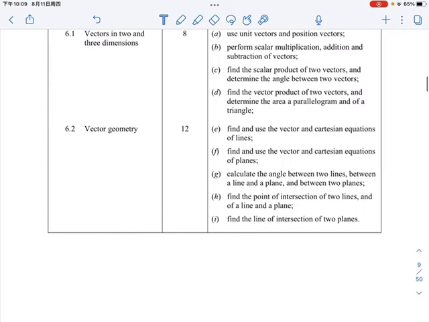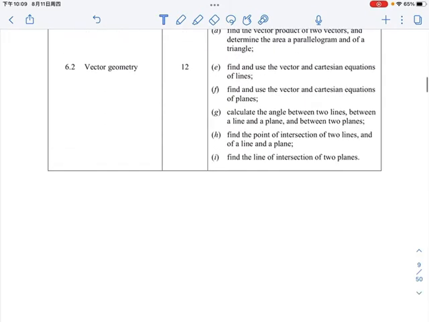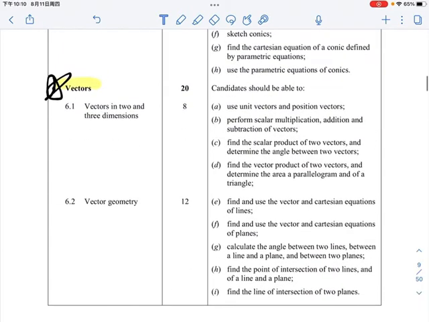You have to know how to calculate vector geometry, find Cartesian equations or vector equations, and calculate the angle between a line and a plane, a plane and a plane, and also a line and a line. That's why it's kind of difficult, I would say.